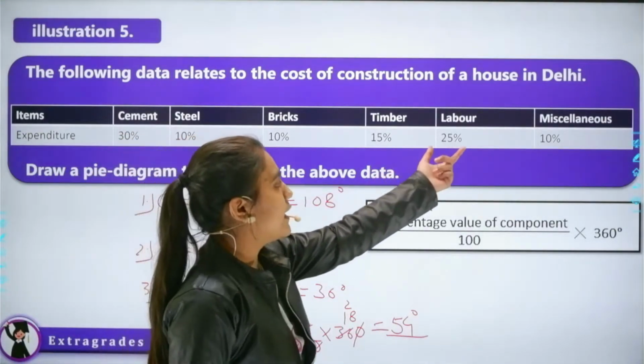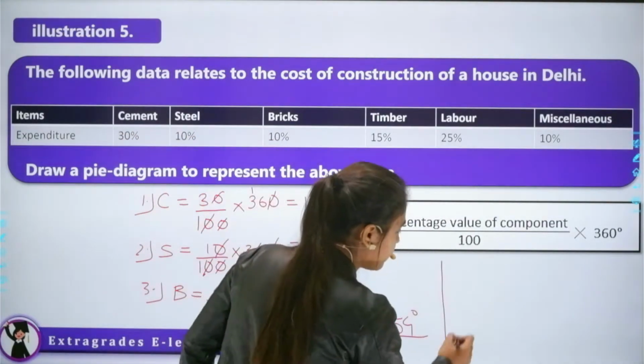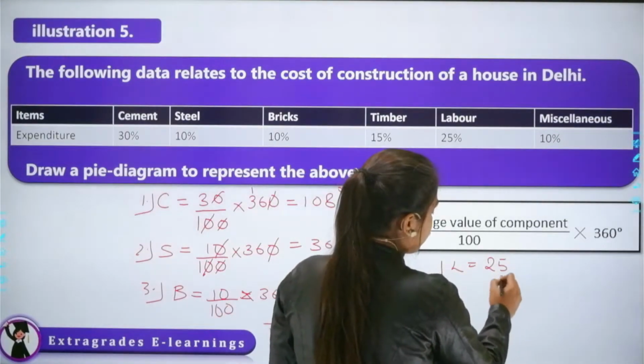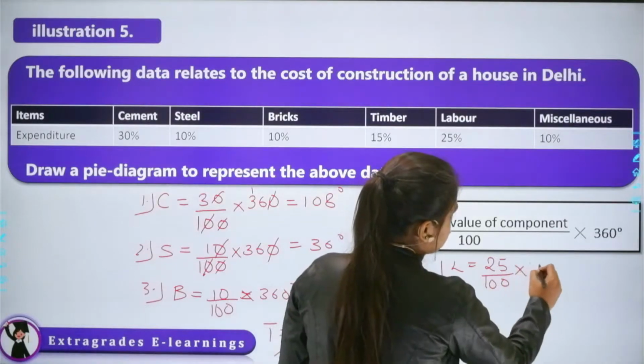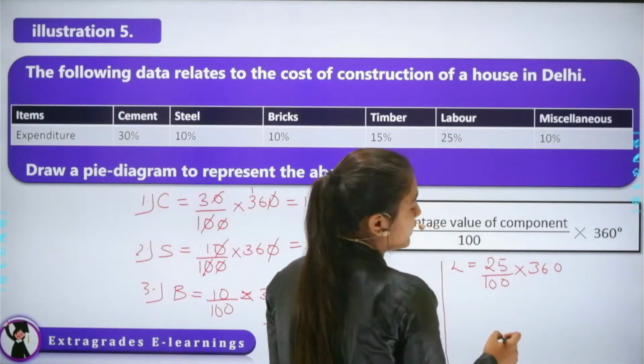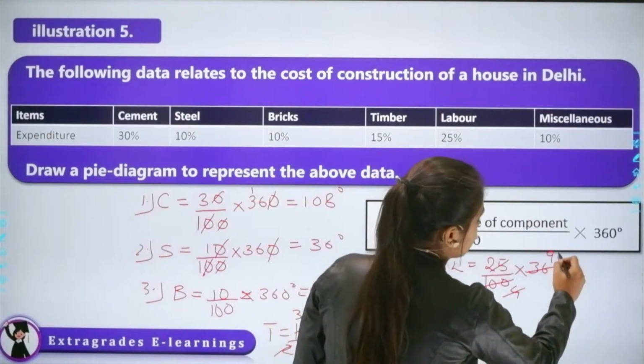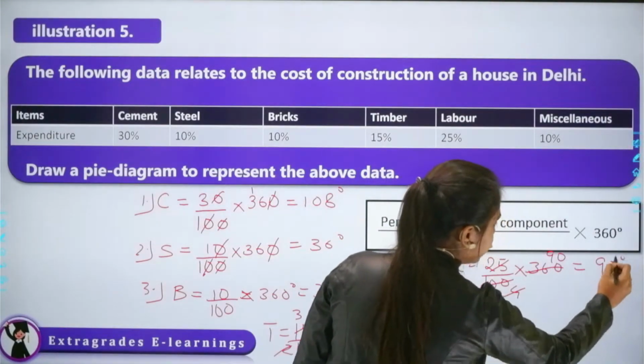Now labor and miscellaneous in a similar way. First of all labor. For labor we have 25%, so 25 upon 100 into 360. 4 9s are 36, 0, 90 degree. We'll get 90 degree.